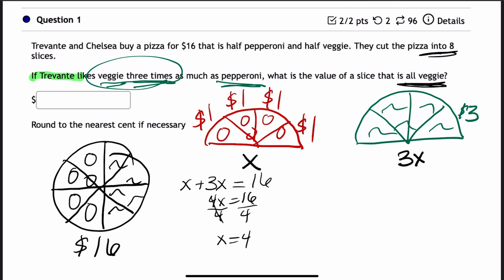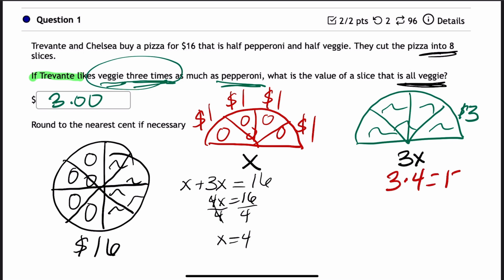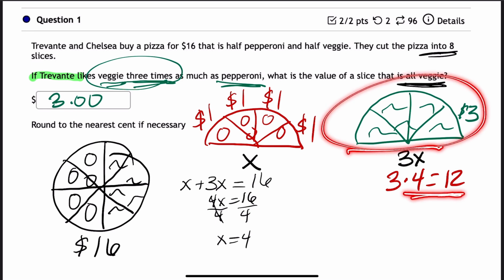The other way you could think about trying to figure out the final answer, which we just determined to be $3, would be to think about it as a whole. We said the whole thing for pepperoni was $4. And if we plug that in here, we get that the whole thing of the veggies is $12.